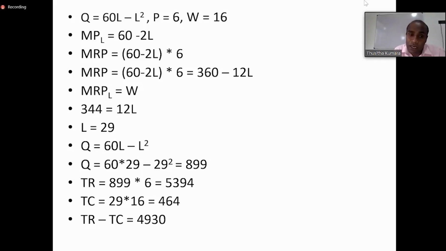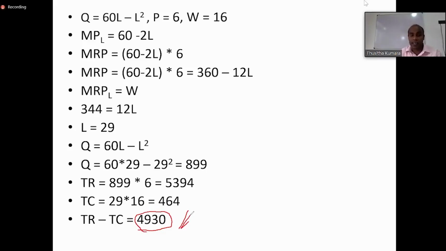Then how to get the total cost? Total cost equals, now we know the labor units at the optimum output level, the number of labor units is 29 and the wage rate is 16. Therefore, total cost will be 464. And TR minus TC equals 4,930. Right.